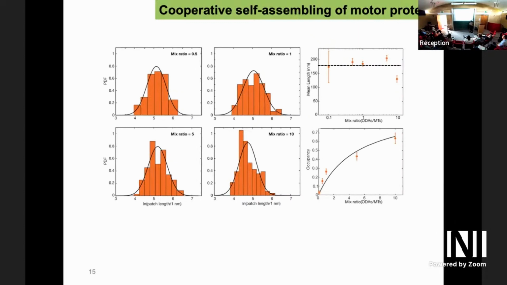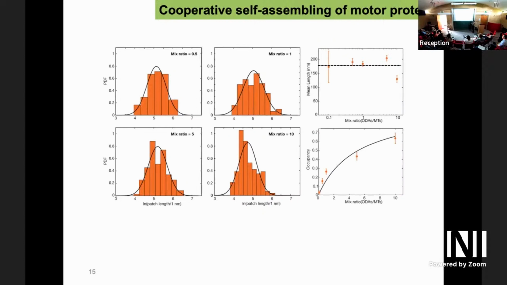If you add more motors, they should go somewhere, right? What changes in this arrangement is the number of patches between these two microtubules. We don't know why they arrange in this way.